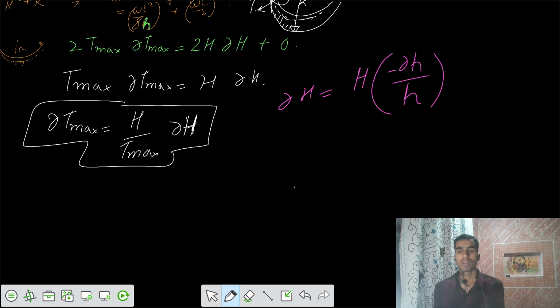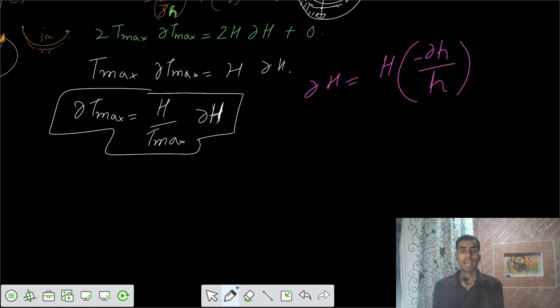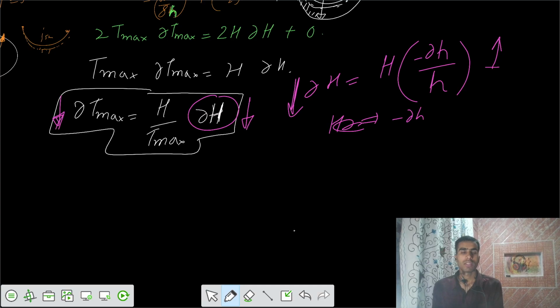So that means your horizontal reaction decreases as the sag h increases. Similarly, because the change in T is a function of dou H, if this decreases, this is also going to decrease.